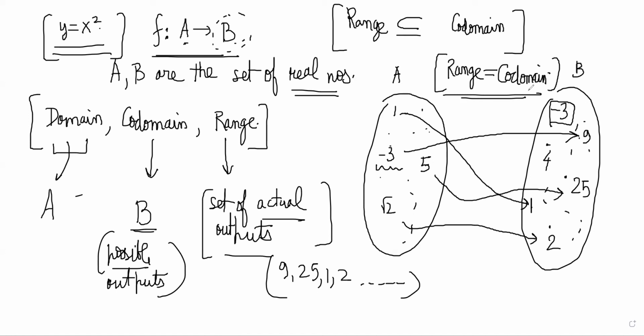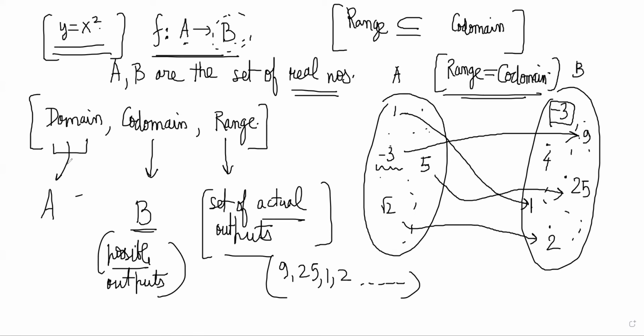So for now, you just need to remember what is the meaning of range, what is the meaning of codomain, and how they are different. I hope you are understanding so far what we have done. So these are the basics of domain, range, and codomain. All of the terms you should be completely familiar with.